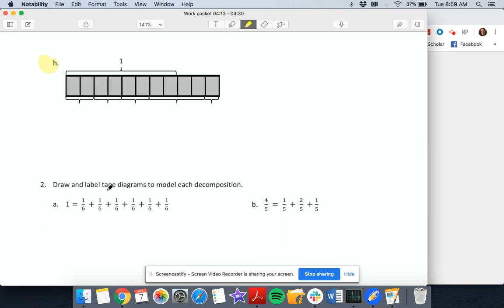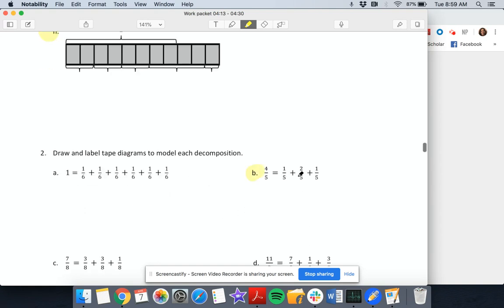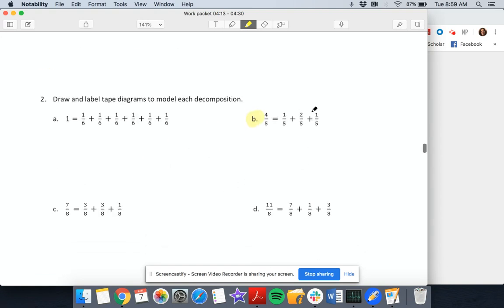So let's see. Let's do number 2B, this problem together right now. So as you can see, our number sentence is 4/5 is equal to 1/5 plus 2/5 plus 1/5.